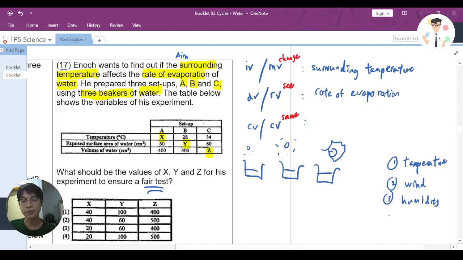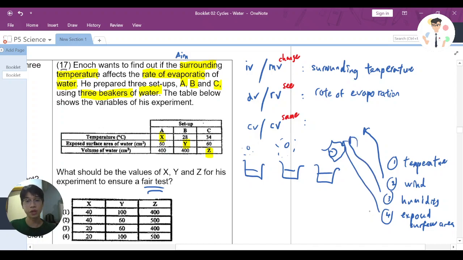And the last one is the exposed surface area. Now, if I'm testing the temperature, the rest must be the same. You get what I mean? If it's not the same, then the result might be affected because of the wind. Then it's not a fair test anymore.